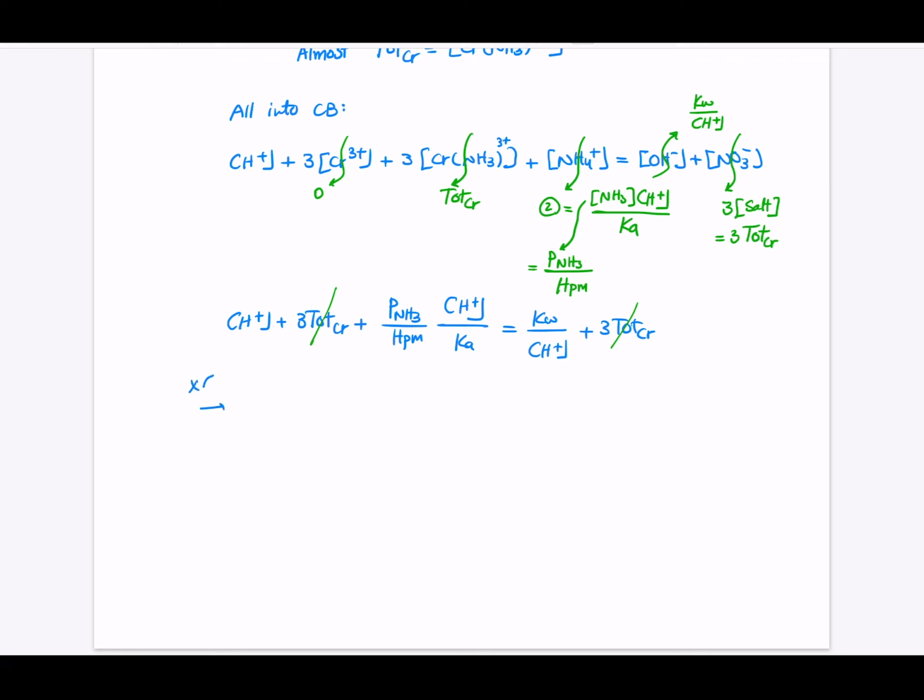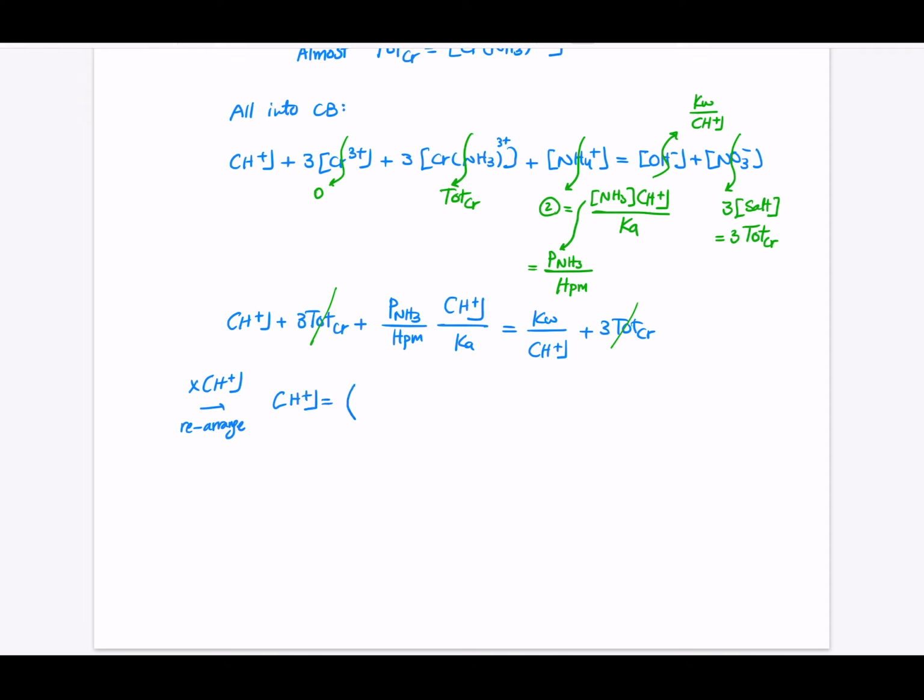We can multiply this by H plus to make it a little bit more straightforward, and then rearrange. Eventually we get something like this.